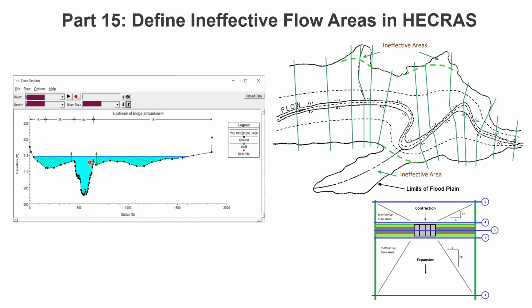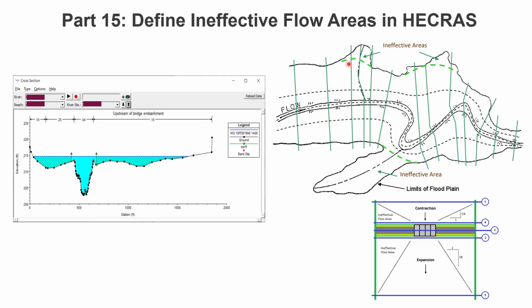And when we are trying to model the bridge or culvert, we want to be able to block off those areas or make them ineffective, so that they don't make that contribution. And ineffective can be temporal, it can be permanent, depending on the stations and the elevations we've used.